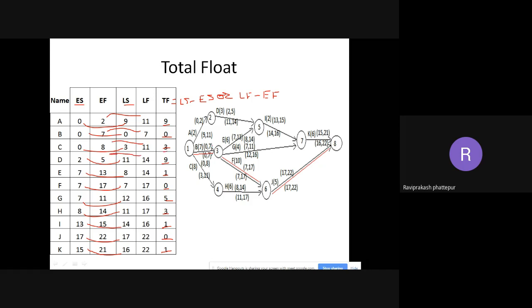So you can take anyone: late start minus early start, or late finish minus early finish. You are getting the same answer. So remember, whatever you are taking, start or finish, if you subtract higher minus lower, you are getting the float. So that is the float.